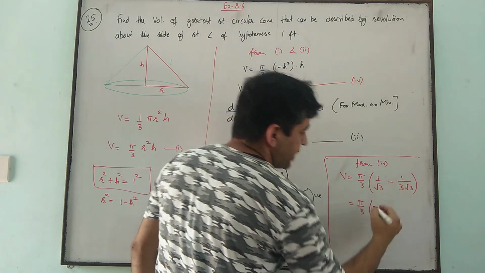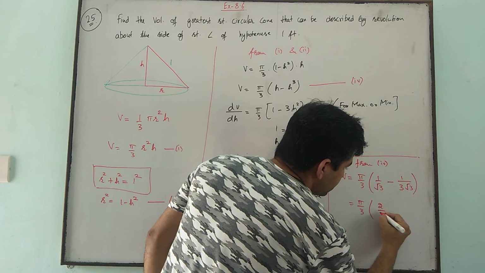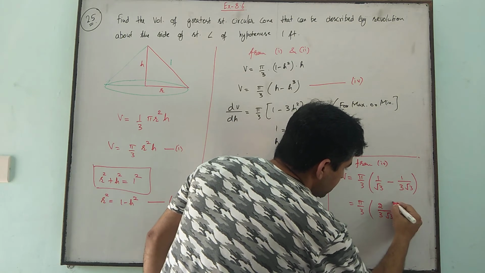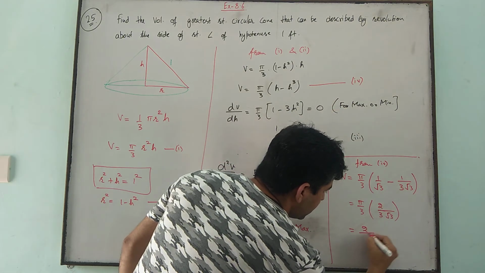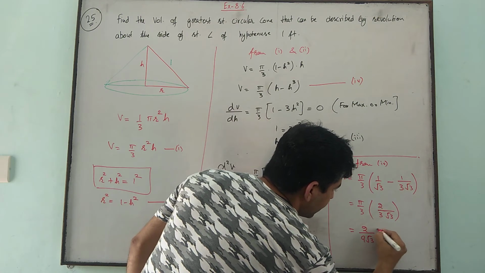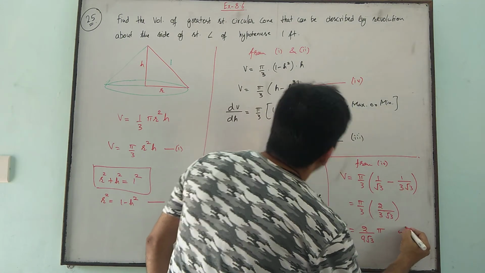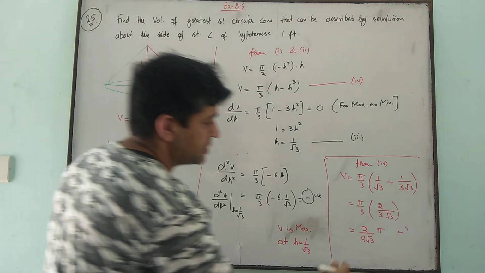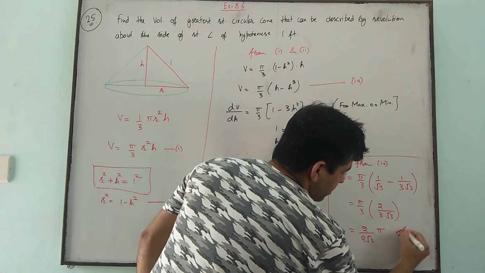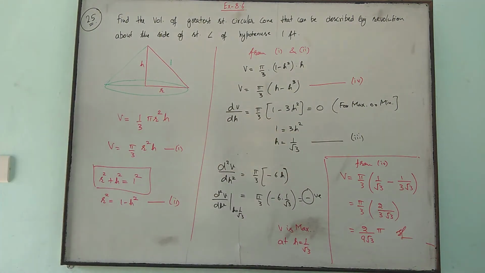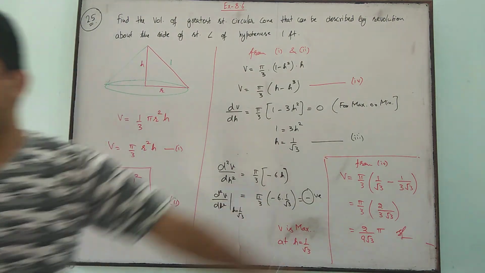Take its LCM, 3 minus 1, 2 by 3 root 3. So we will get 2 upon 9 root 3 pi centimeter cube, or whatever, feet cube. So this will be your maximum volume. Just write it down.